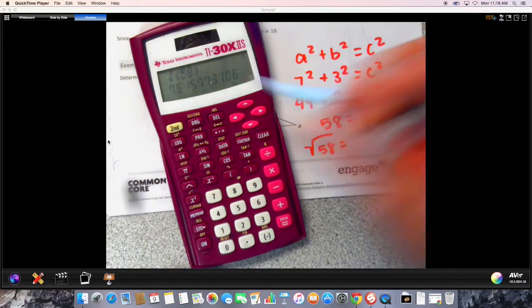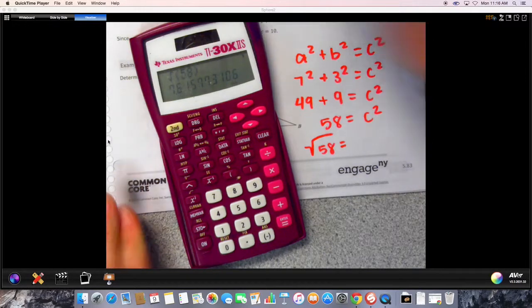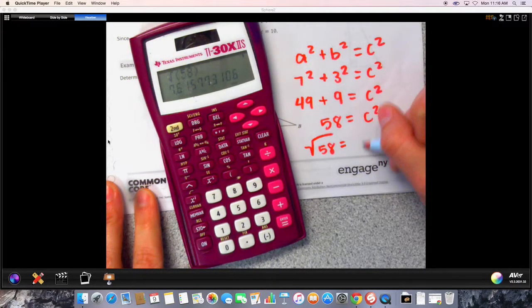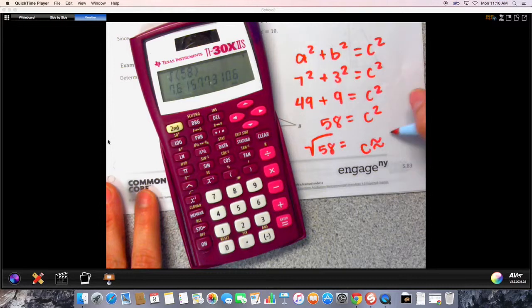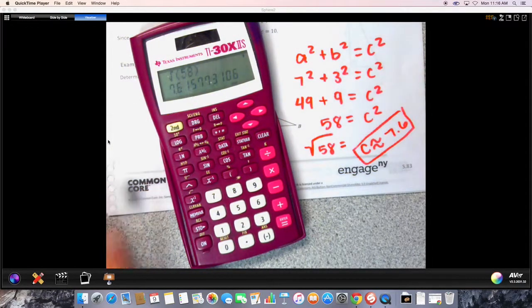Equals, and it says 7.615773106. For the sake of this lesson, we are going to round everything to the nearest tenth, so that's the first spot after the decimal, so we're going to say C is about equal to, and this is a new sign for many of us, 7.6. If we're rounding, we don't use the regular equal sign. We're going to use this wavy equal sign, which means it's about 7.6. That means we rounded it.